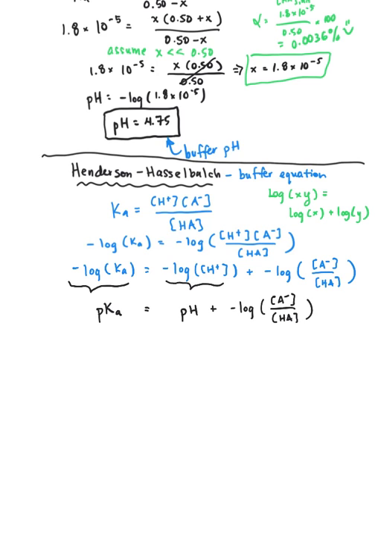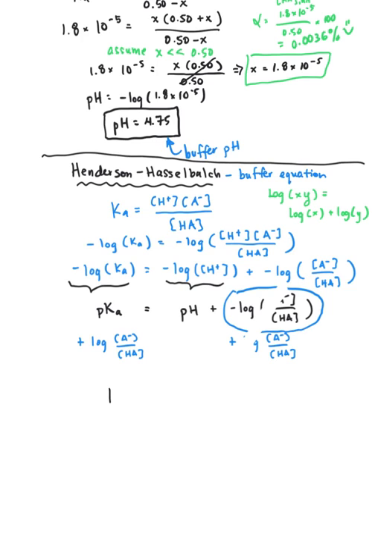I'm going to take one more step and transfer this entire term, the negative log of A minus over HA, to the other side so that I don't have to deal with any negatives at all. So I'll add that to both sides.